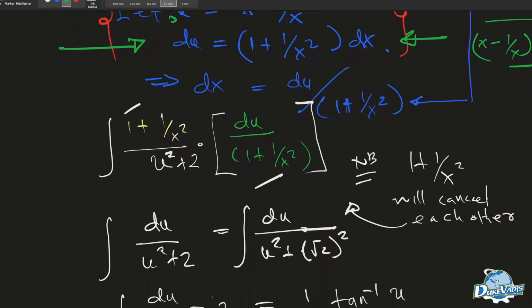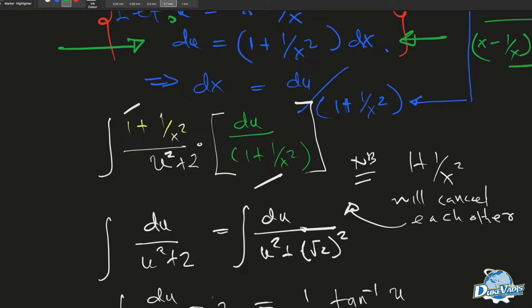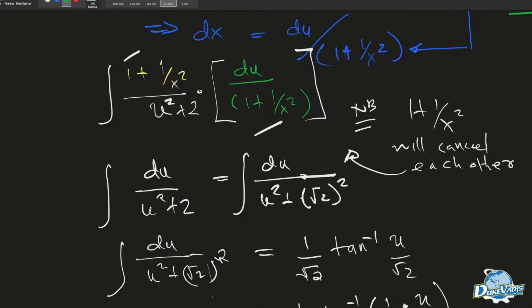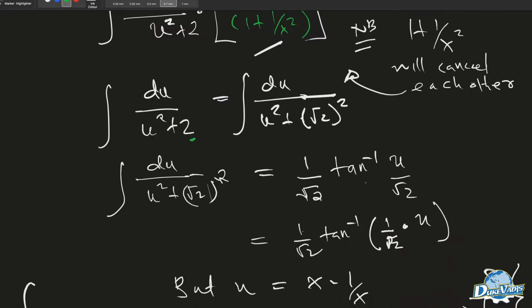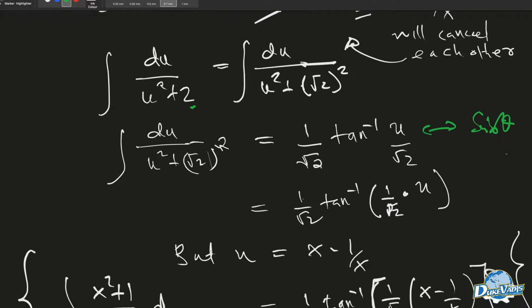Then since we want to use the tangent inverse, we decided to make the 2 a square root of 2 squared, because when we square it, we get back to 2. So after that, we used this substitution of tangent.